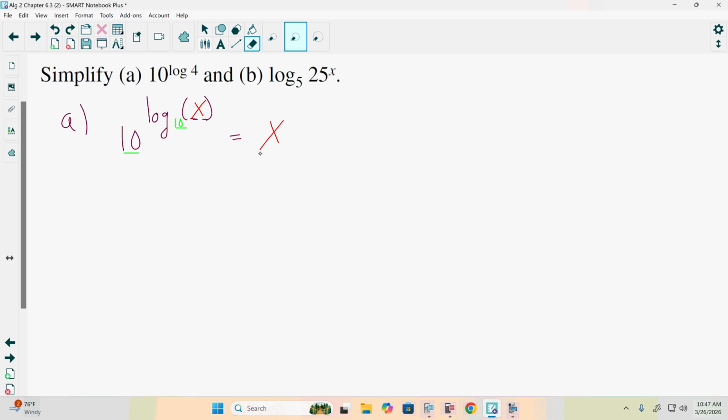With a number, we can plug it in and it'll tell us this. Here, I can't plug in 10 to the log of x into the calculator. x is a variable. It can represent any number. But 10 to the log of 4, it verifies, does tell us that it is indeed 4, and it simplifies out.